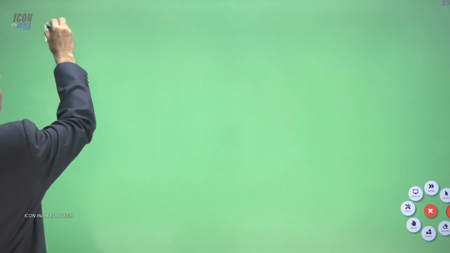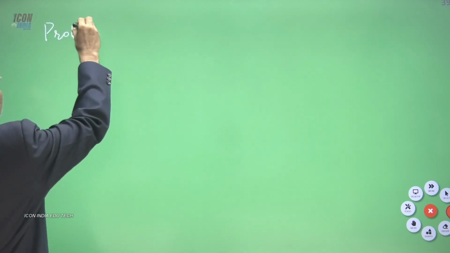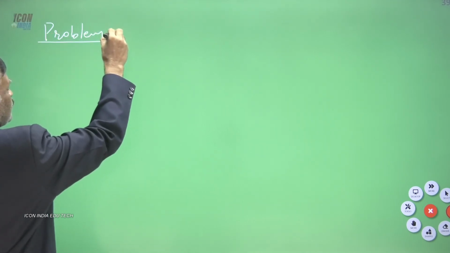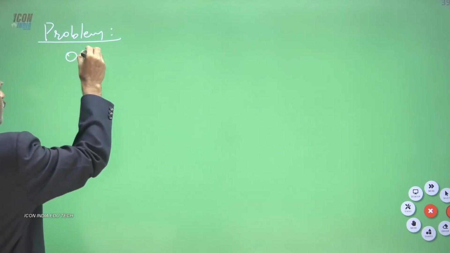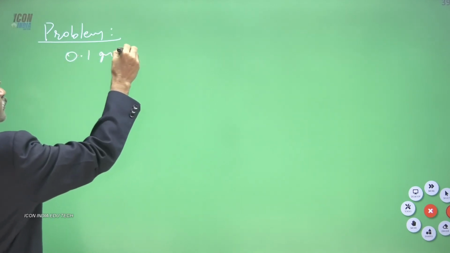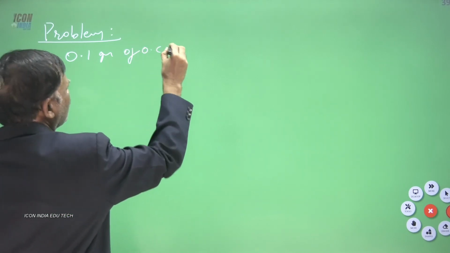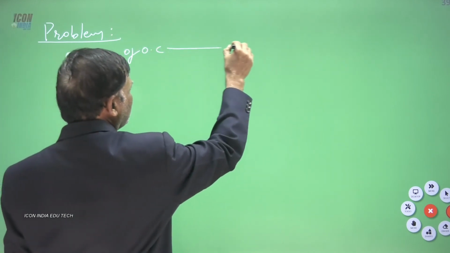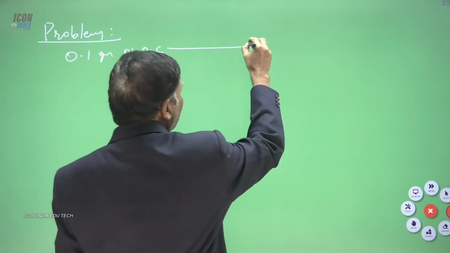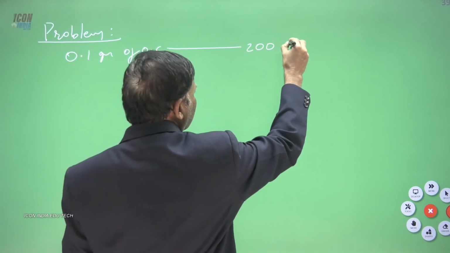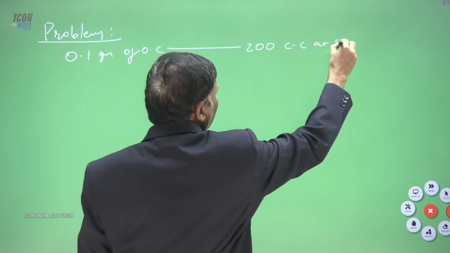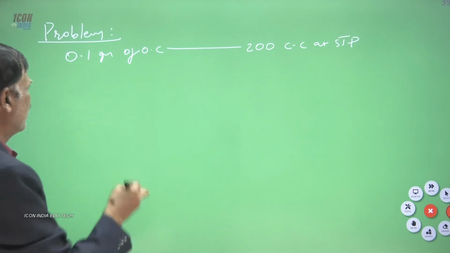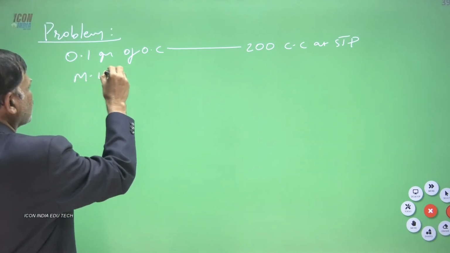In the Victor-Meyer's method, (0.1 gram of an organic compound in Victor-Meyer's method is vaporized to give 200 ml or 200 cc at STP. See, what is the molecular weight of that organic compound?